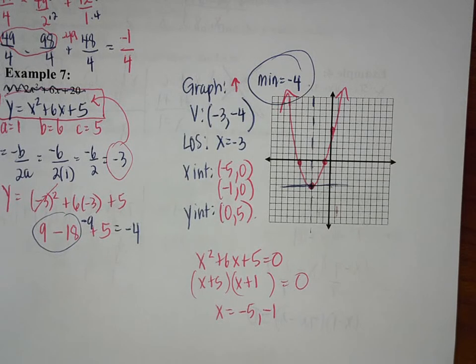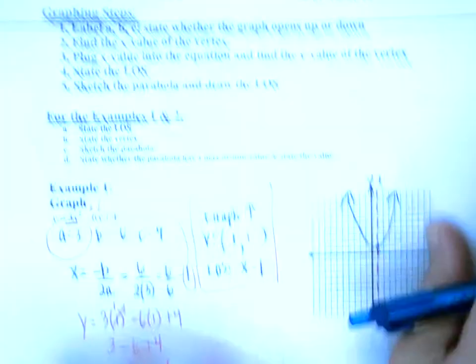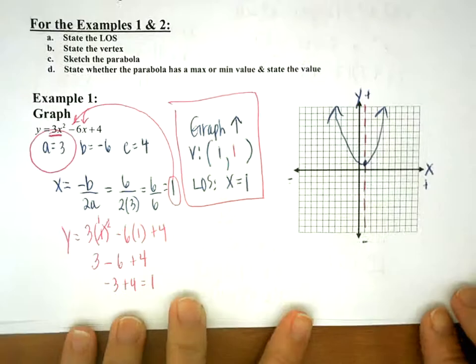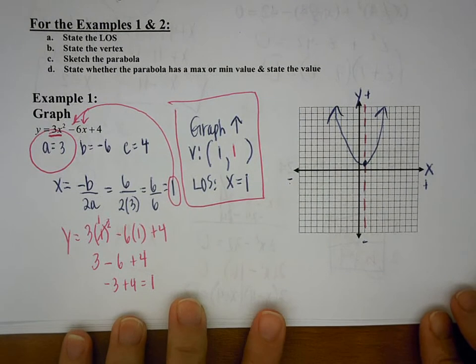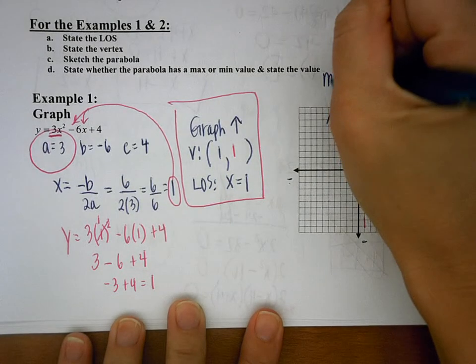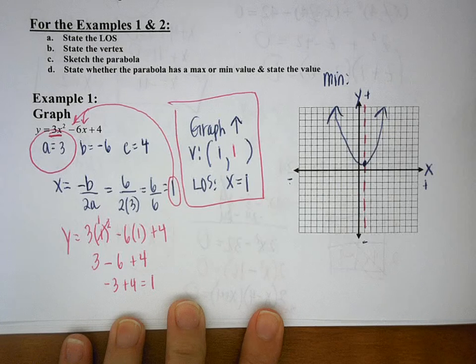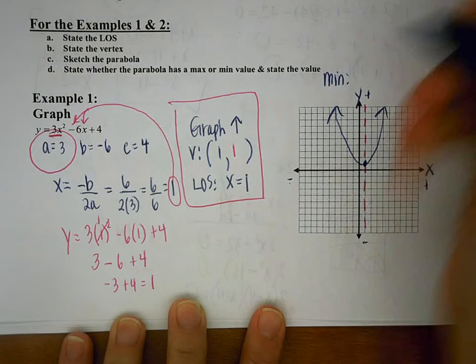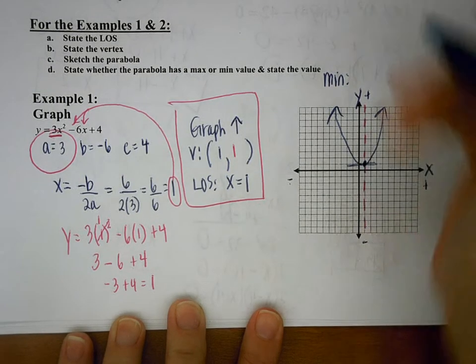Okay, so go back to example 1 and 2. Example 1, is this a maximum or a minimum? Minimum, and what is that minimum value? This minimum value is at 1. Okay?